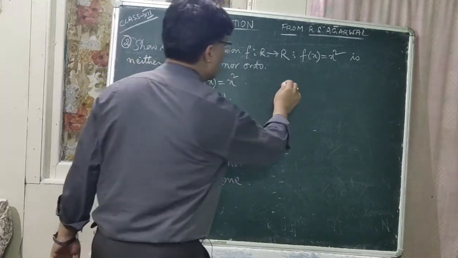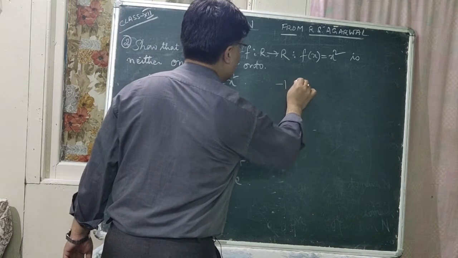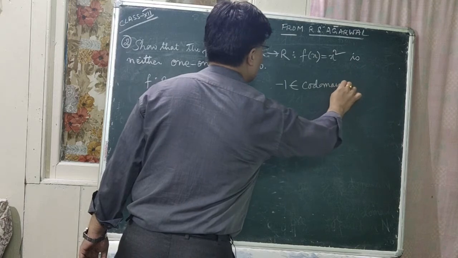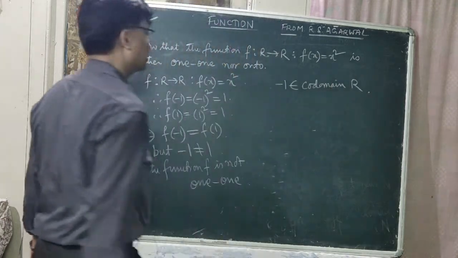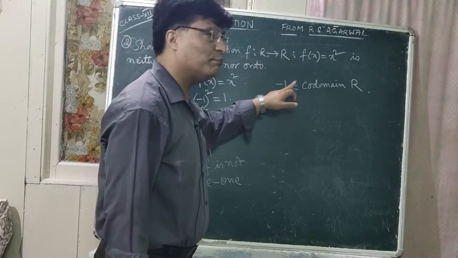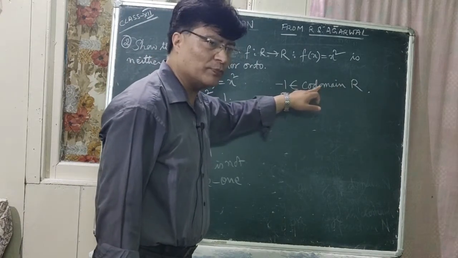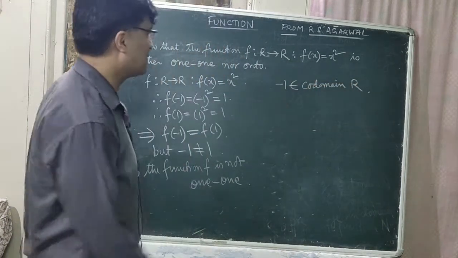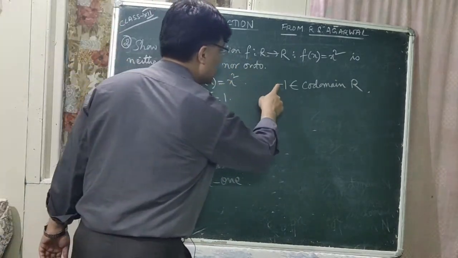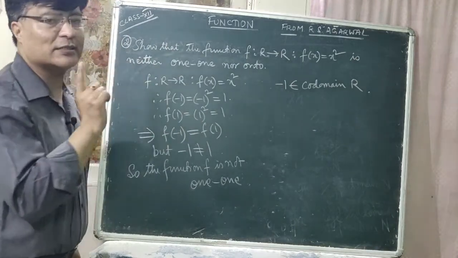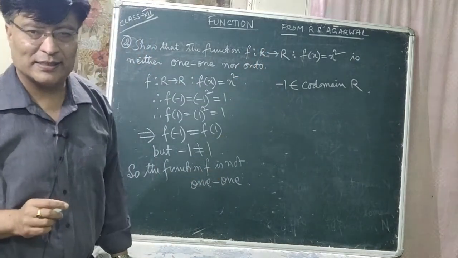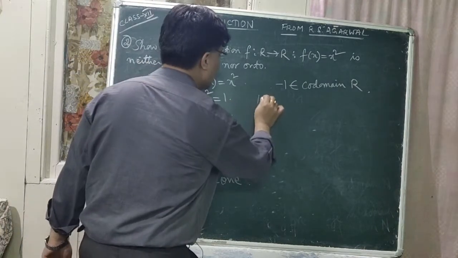You know that minus 1 belongs to the codomain R, isn't it? But this minus 1 does not have any pre-image in the domain R, isn't it?